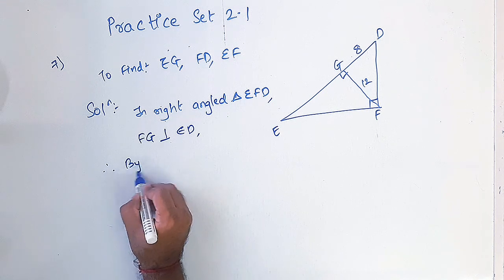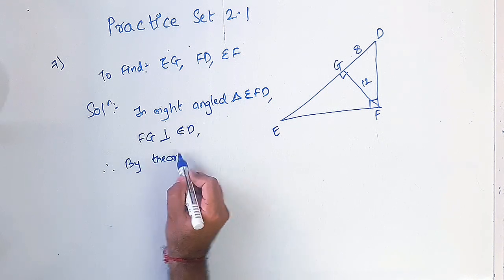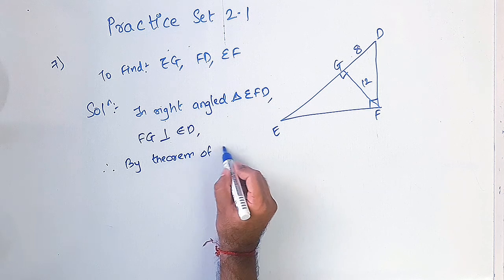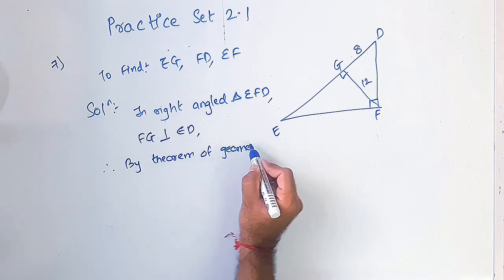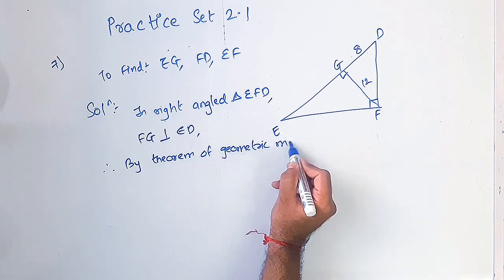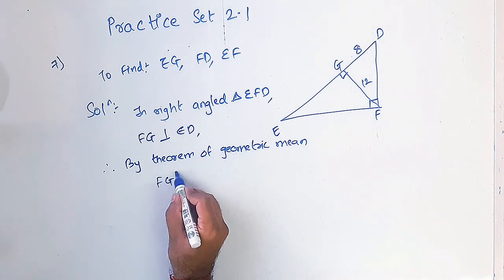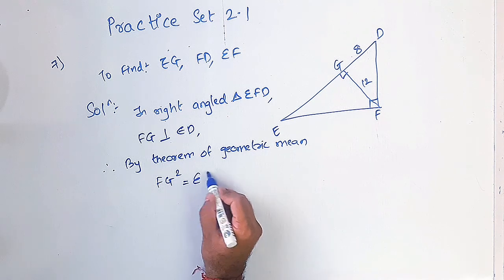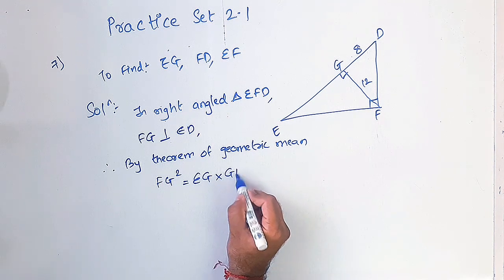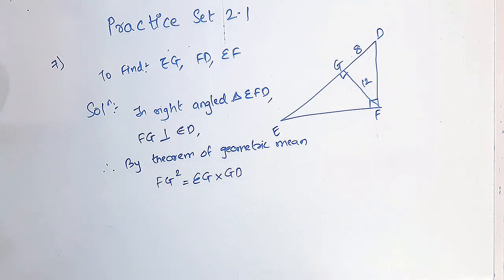Therefore we can apply now the theorem of geometric mean. By the theorem of geometric mean, FG square is equal to EG into GD.